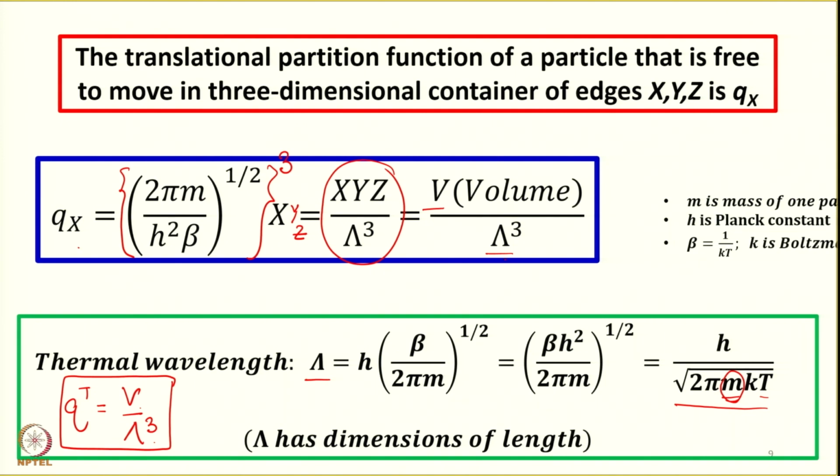So when you need to comment upon the effect of temperature or the effect of size of the container on the value of translational contribution to partition function, you should be able to discuss in terms of energy levels which depend upon the length of the container, and also in terms of the mass of the particle, atom or molecule under consideration.